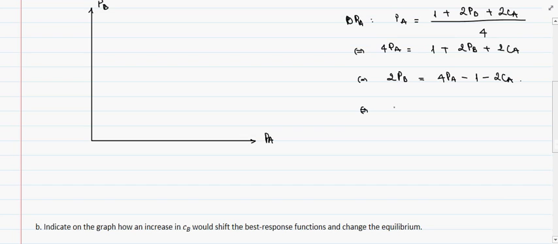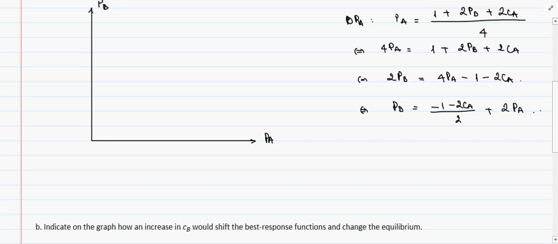And so therefore, PB is going to be equal to (-1 - 2 CA), everything divided by 2, plus 2 PA.